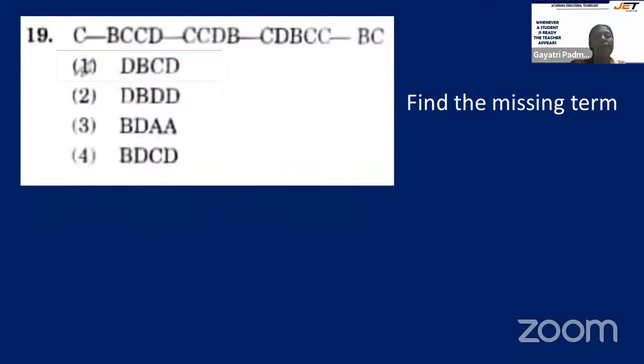See the next question, we have 19. C dash B C C D dash C C D B dash C D B C C dash B C. All right. So we need to fill the missing letters. I'm sure you will be able to do this. Always see the letters before.